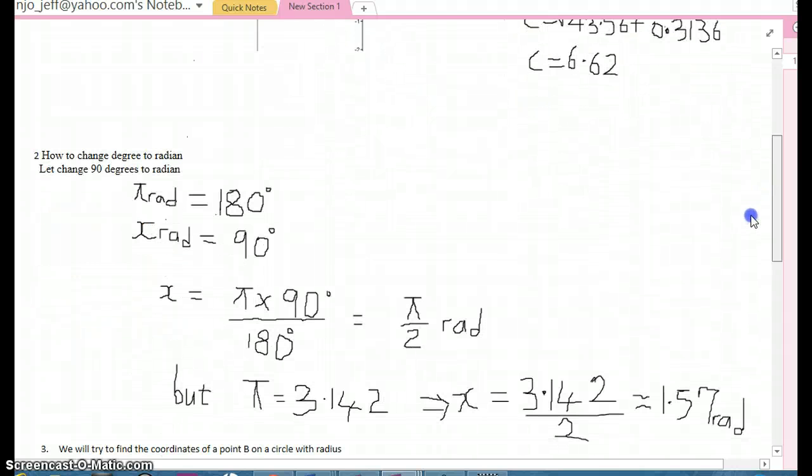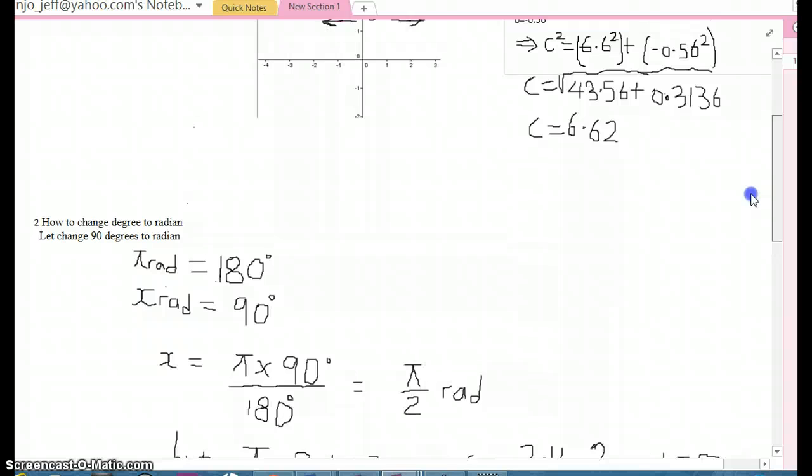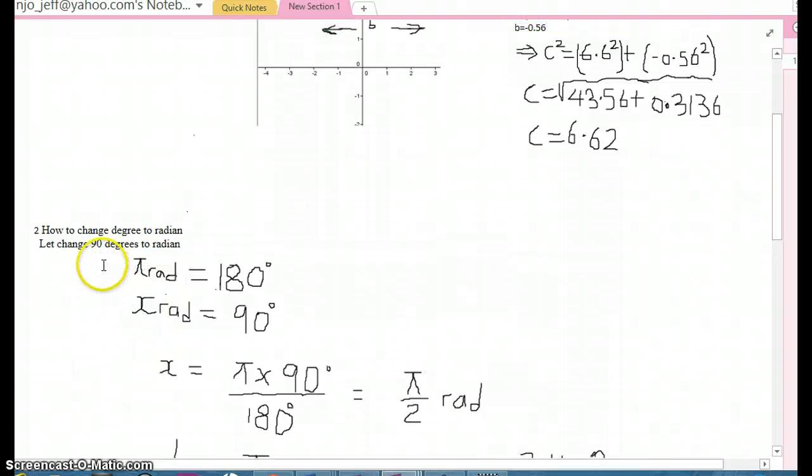The second task is to change an angle in degrees to radians. Let's say we are given an angle 90 degrees and we are told to change it to radians. Then we know a general rule in mathematics that says pi rad is 180 degrees.